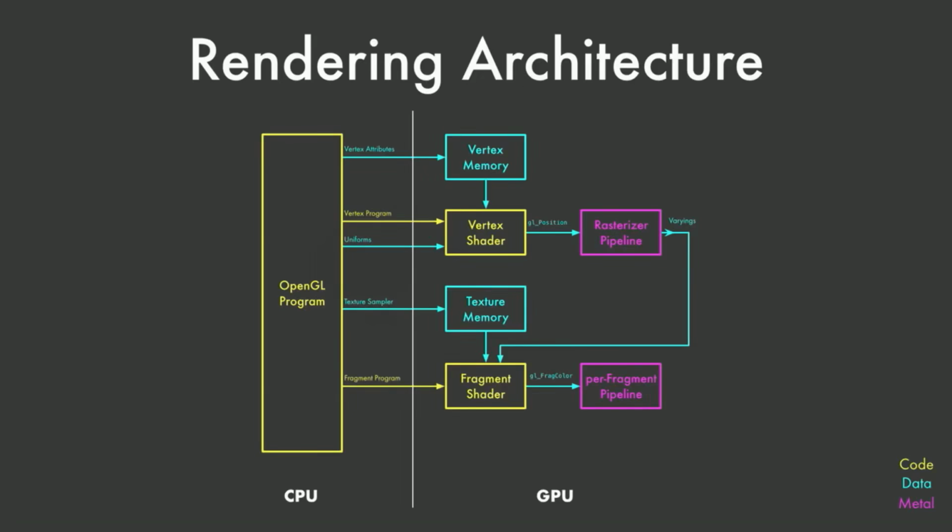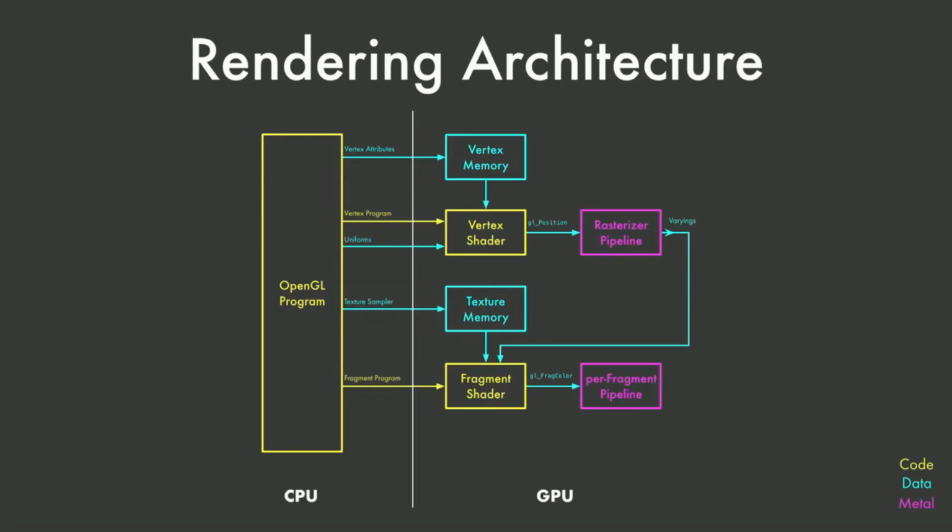And on there we have 2 things that run, code that you write yourself, a vertex shader and a fragment shader. Those are written in the GLSL shading language. And those basically do the projection and the texture mapping that we saw before. So your OpenGL program will upload your geometry data to the GPU into vertex memory.